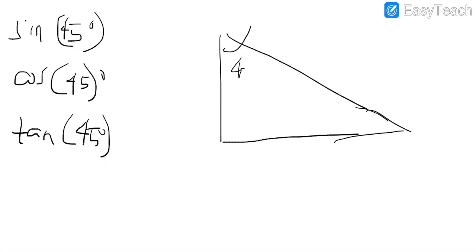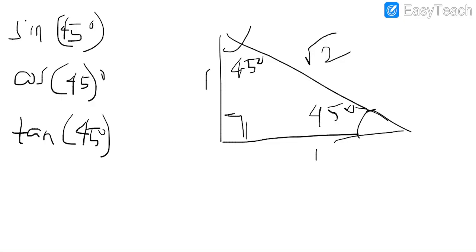This is 45 degrees, the same here, 45 degrees, and we have the right angle, which is 90 degrees. The sides across the 45 degrees are 1 and 1, while the side across the 90 degrees is square root of 2. No? This is for the 45, 90 degrees angle.